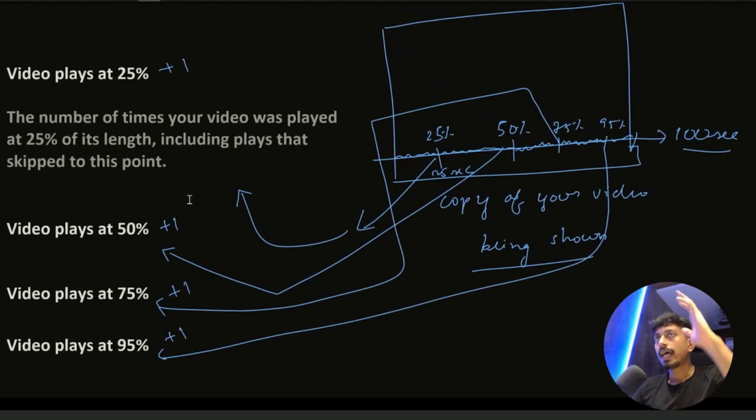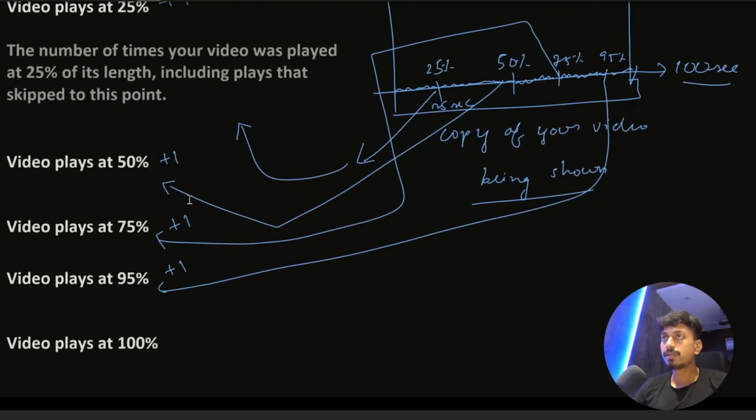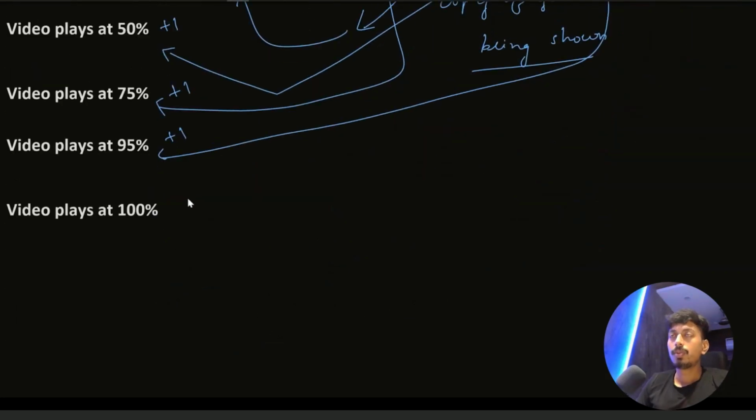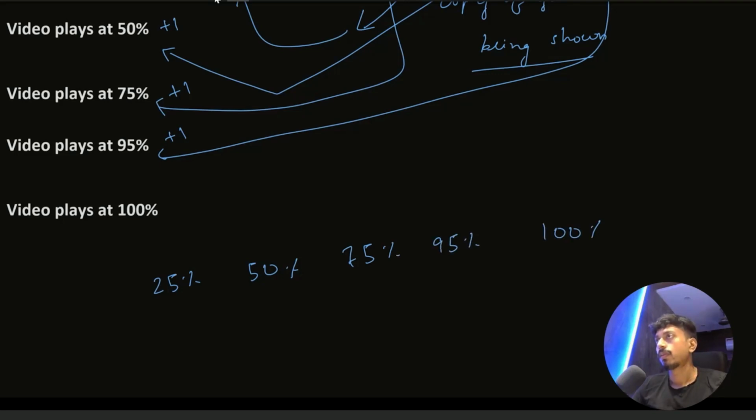When you have done everything properly, what you will see here is, as a matter of fact, you will have many users at 25%, 50%, 75%, 95%, and 100%. So if you have done the job of making your video well, now you need to understand this very carefully. How do we measure metrics?